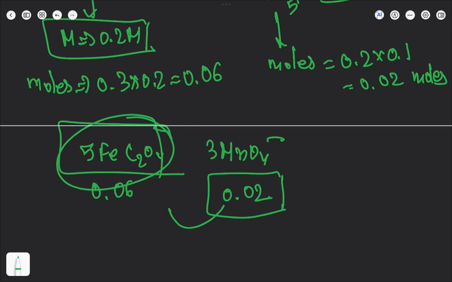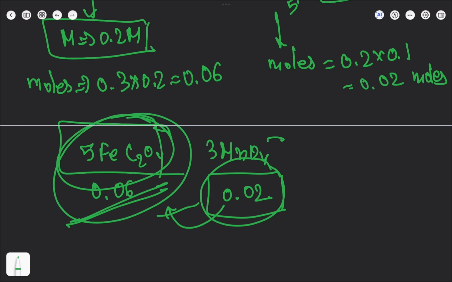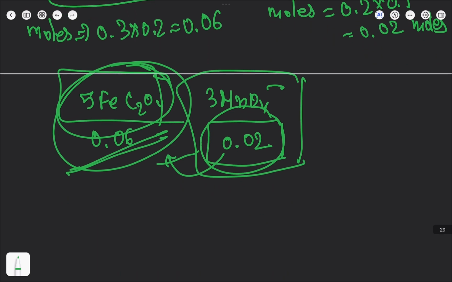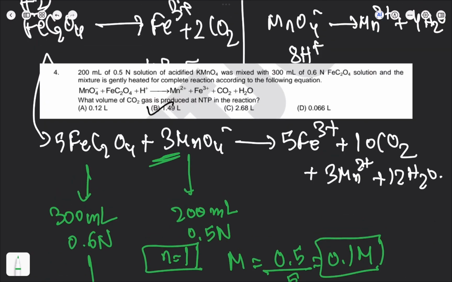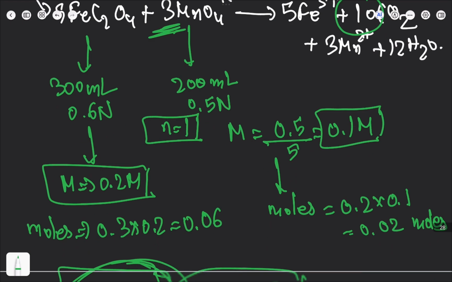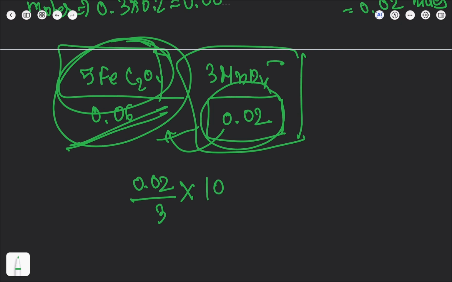This would react with the number of equivalents of this, and the excess would be some FeC2O4 left, and this would actually determine the amount of CO2 formed, right? So 0.02 divided by 3, and now I have to multiply by the coefficient of CO2. So this is the amount of moles of CO2.